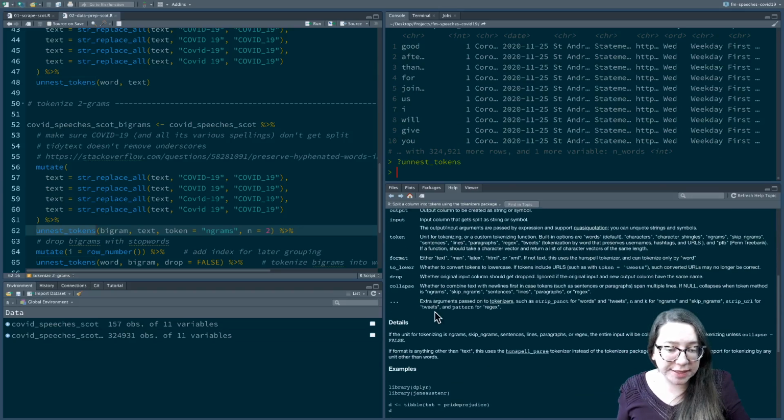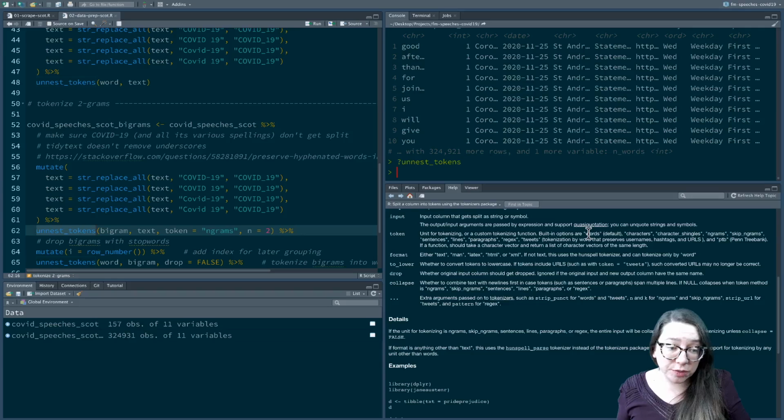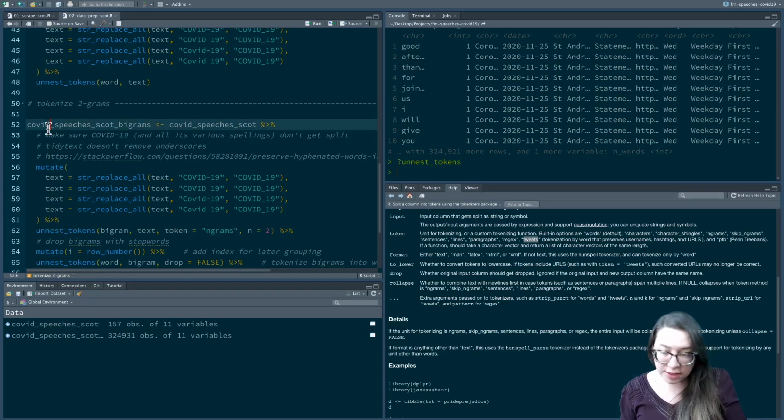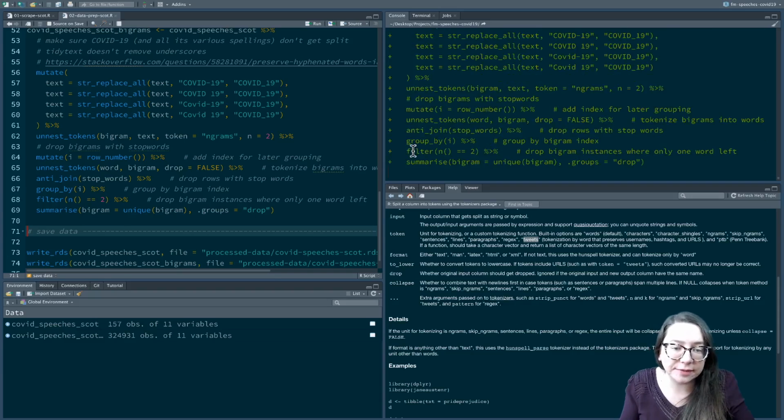So your tokens can be words, which is the default, could be characters, so it could be splitting by each character, or character shingles, n-grams, skip n-grams, sentences, lines, paragraphs. If you're working with tweets, you can do it by tweet as well. So we're not going to go into all of these special functionalities, but we are going to use the bigram option here. And so let's go ahead and run this.